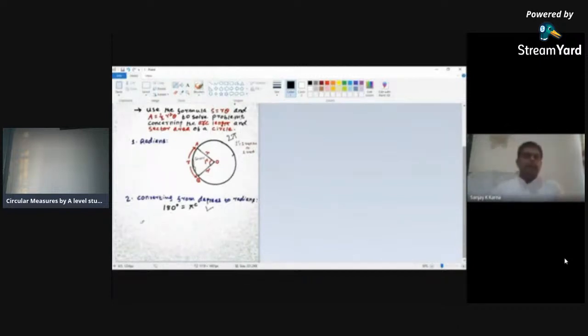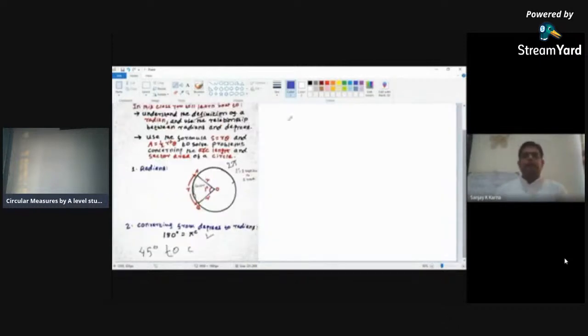So for example, if you would like to convert 45 degrees to the radian measure, we have 180 degrees equals pi radian. Unless otherwise stated, if you write pi, that means pi radian. By the unitary method, 1 degree equals pi divided by 180 radian.